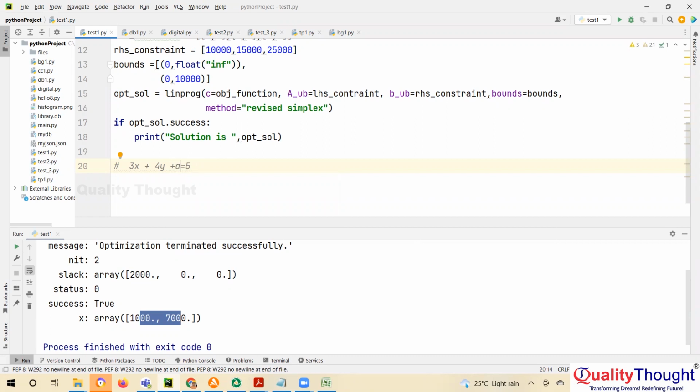And let's say if the reverse is there, let's say 2x plus 7y is greater than or equal to 100. That means if I minus something here, minus b, it becomes 100, isn't it?